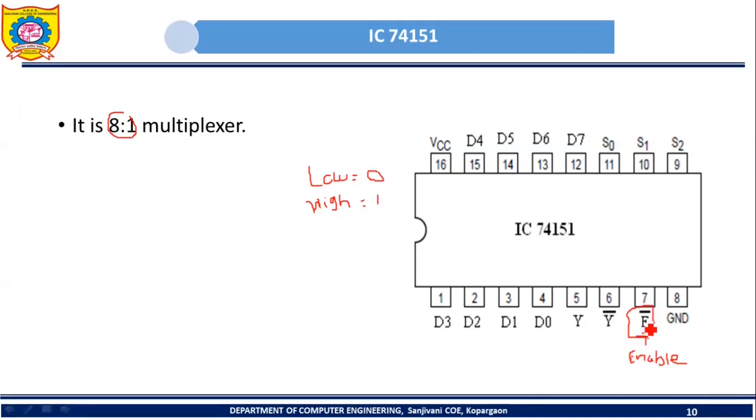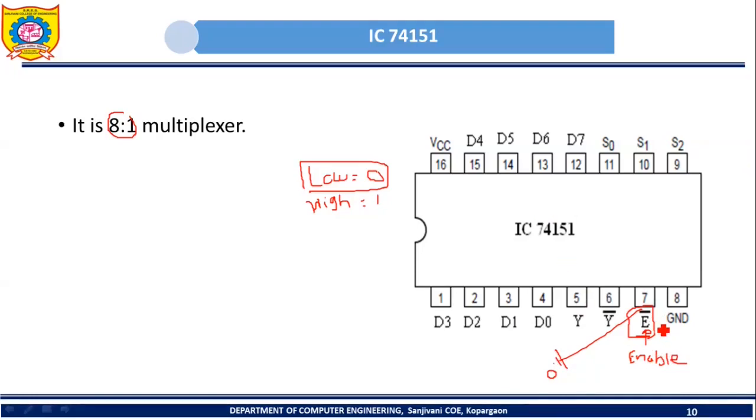So pin number 7 is labeled as E complement. I told you that this bar indicates that this pin is active low. Active low means in order to activate this IC, on pin number 7 I should apply logic 0, or I should connect pin number 7 to ground. Then and only then this IC will be enabled, otherwise it will be disabled.